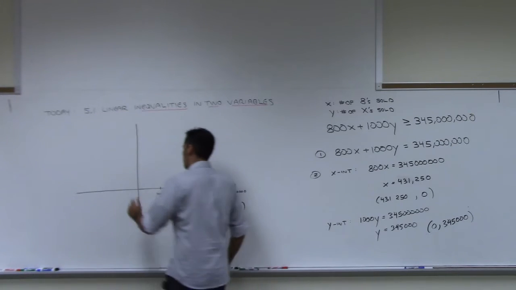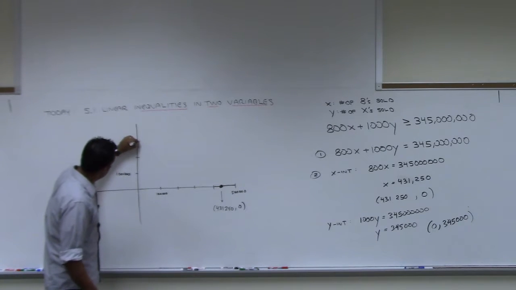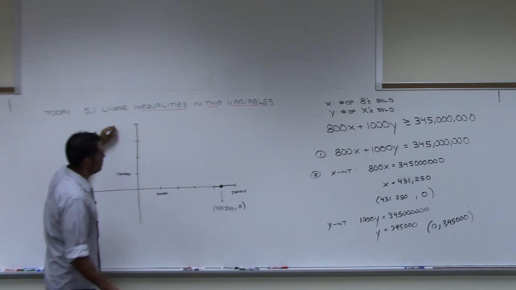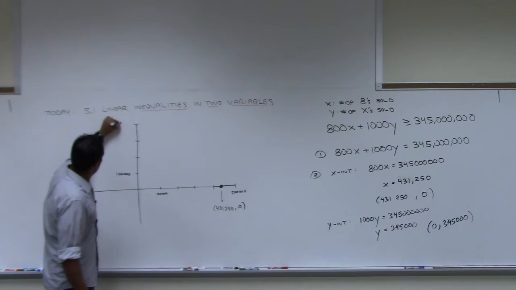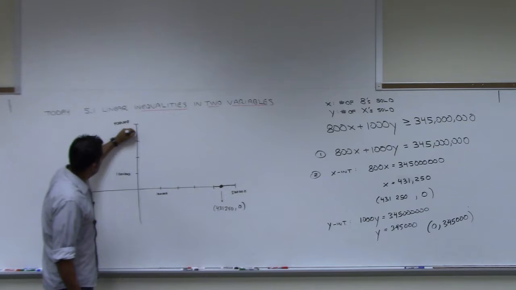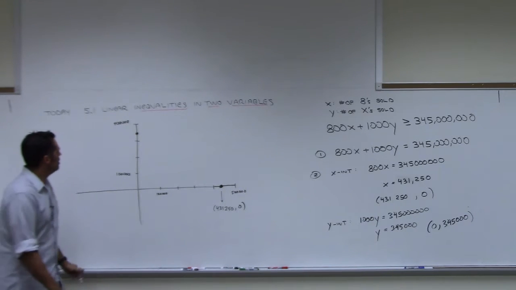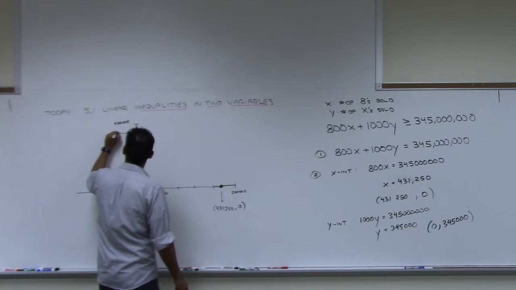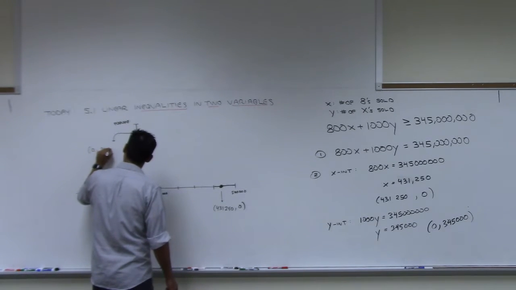Okay, 345,000. So here's 100,000. Here's 200,000. Here's 300,000. Here's 400,000. So I don't know, somewhere around here? Yeah, not quite, just a little bit shy of the middle. And I'm going to label that point. That point is the point 0 and then 345,000.